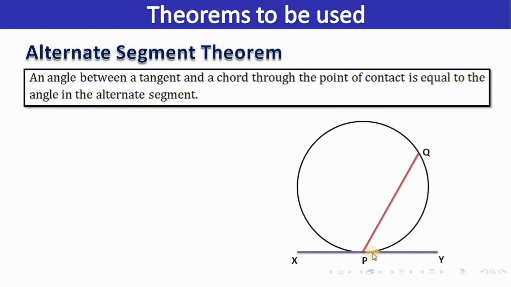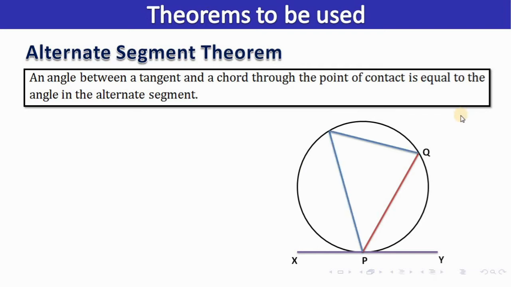See, we are finding this angle, right? So this angle belongs to this segment, right? So what is the segment which is alternate to this? So the segment which is alternate to this segment is this one, right? So here we have to form any angle. Okay, so you have to choose any one point on this circumference and you have to form the angle.